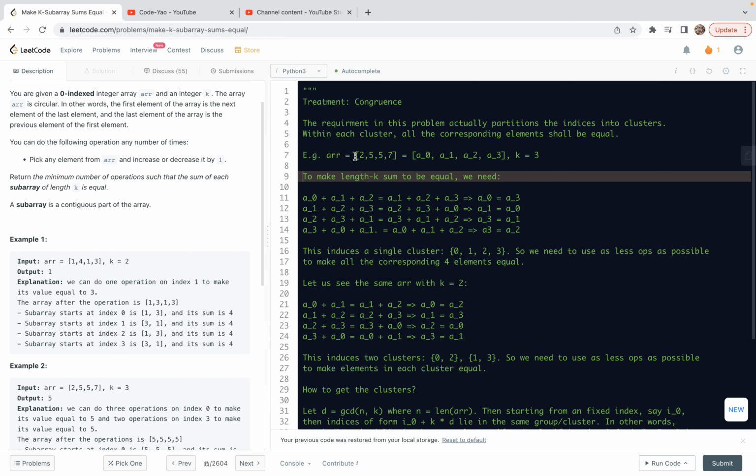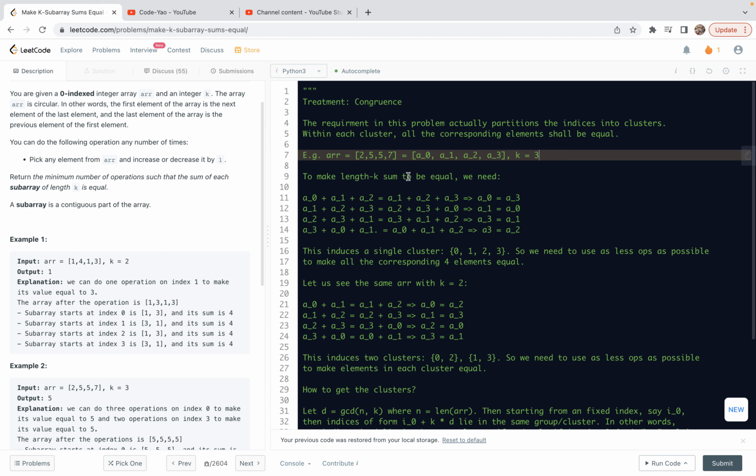Here let's use the array in example 1, and we can call it A0, A1, A2, A3. So we abstract it a little bit. Here we have k equals 3. We pick a specific k just to fix the idea, right?